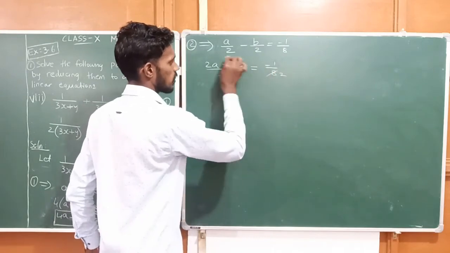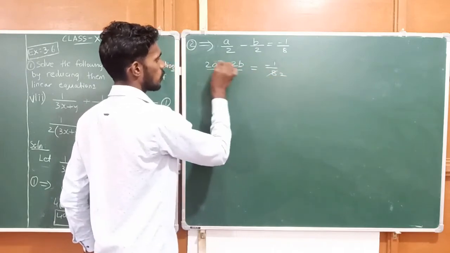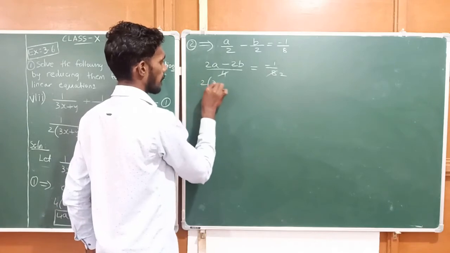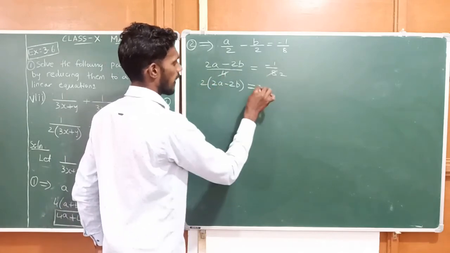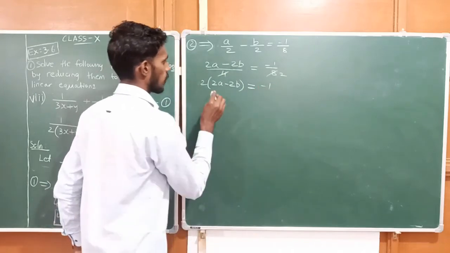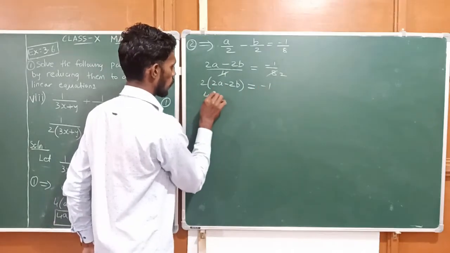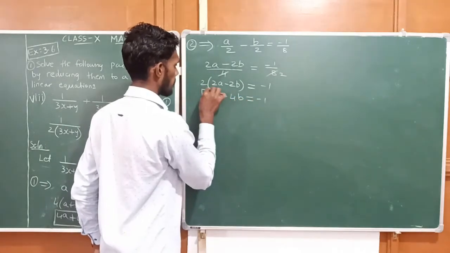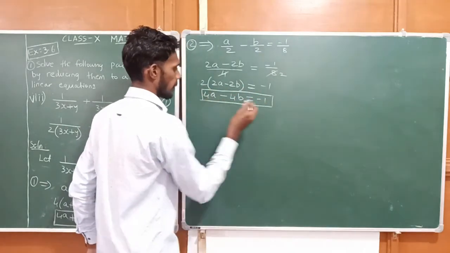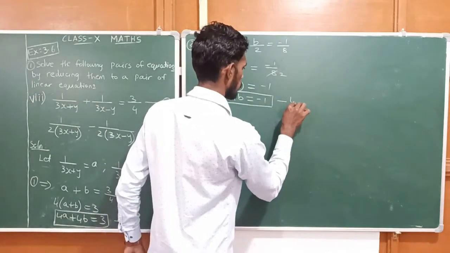So just cross multiply again, 2 into 2a minus 2b is equal to 1 into minus 1, that is minus 1. Now see here, 4a minus 4b is equal to minus 1. Mark this equation as number 4.